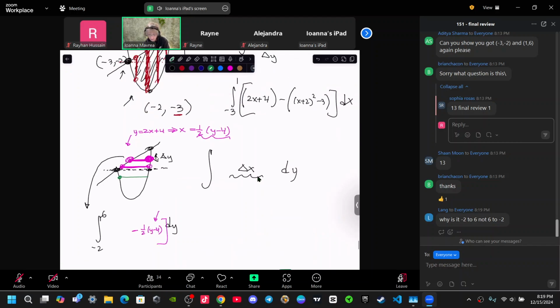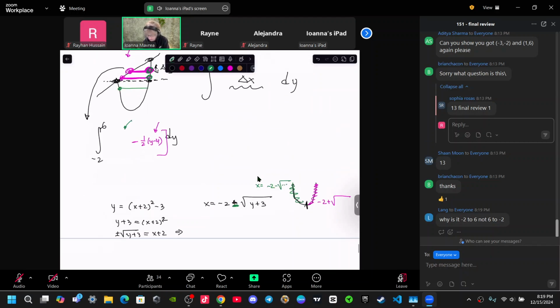Okay. Now the x's on this side are the larger x's because they're on the right side of the parabola. So the large x is this x. So that's going to be -2 plus square root y plus 3. That's a plus there.